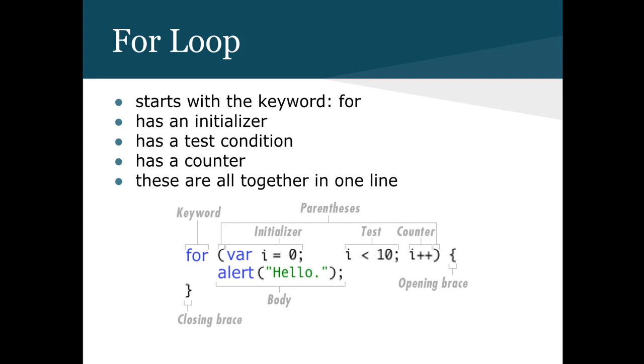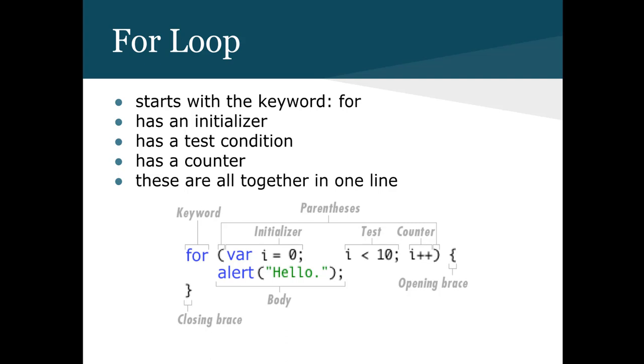Is i, which is now 1, less than 10? 1 is less than 10. Cool. I'm going to now set the value of i to 2, and alert again. So I've done it twice, and I'm going to keep doing it until i is no longer less than 10.